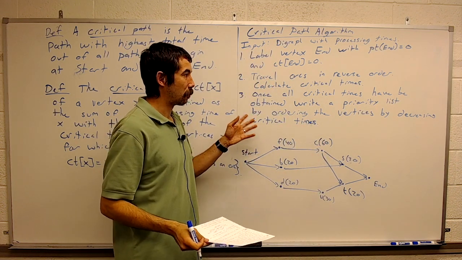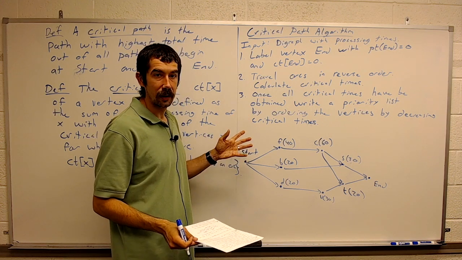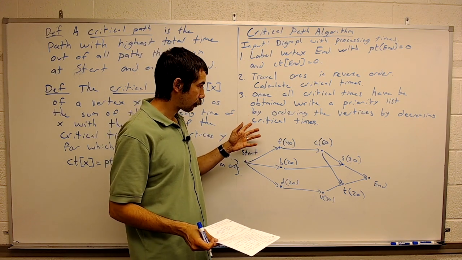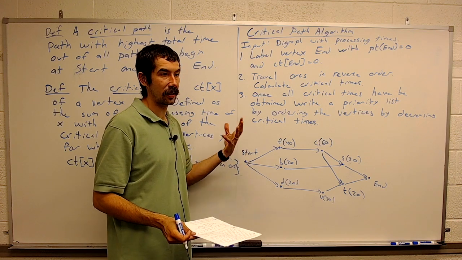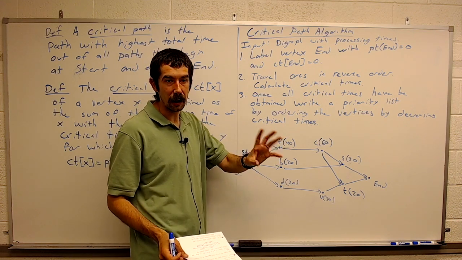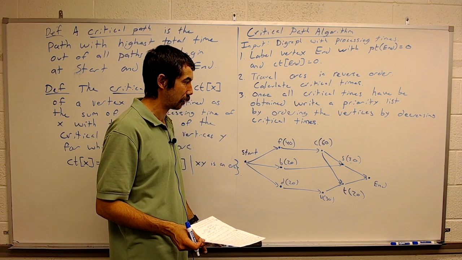This priority list will guarantee that we'll be able to complete the tasks as efficiently as possible with the number of people that we're going to use to help complete the tasks.